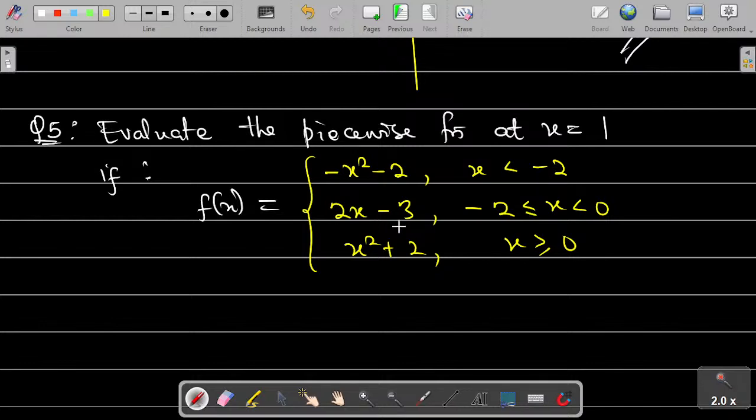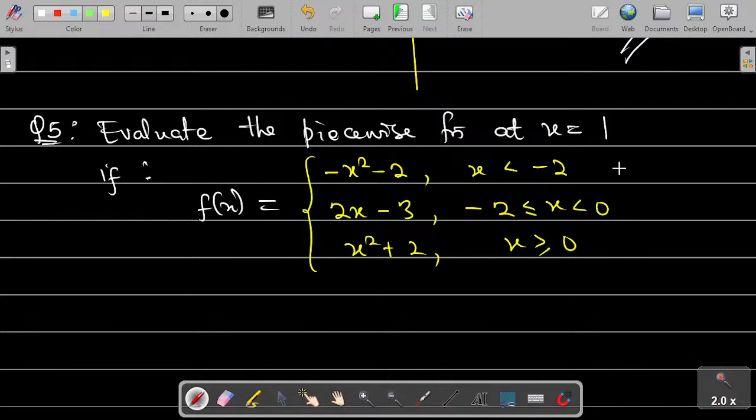Then that means for any value of x less than minus 2, let your function be taken as this. While the second one is saying for any value of x that is equal to minus 2 but less than 0, take your f of x to be this.